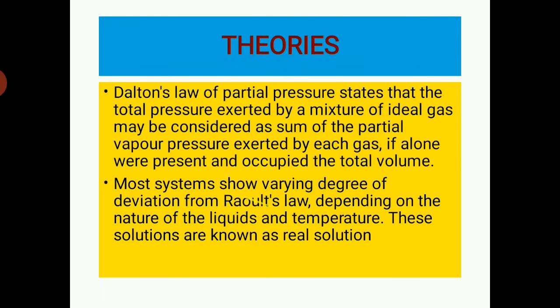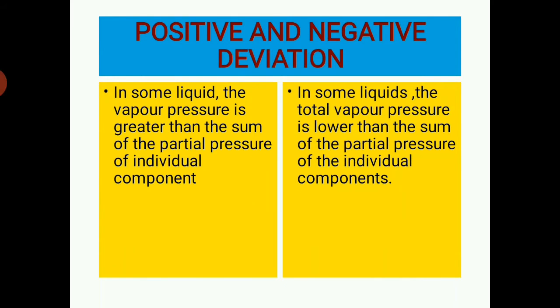This type of behavior occurs when the components differ in their polarity, length of hydrocarbon chain, and degree of association. The degree of deviation from Raoult's law decreases as the temperature increases, since the differences in the nature of the components are reduced at higher temperature. Conversely, a decrease in temperature may lead to a decrease in miscibility of the two components and phase separation.